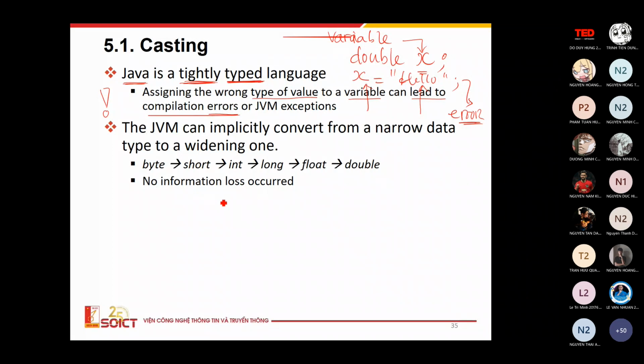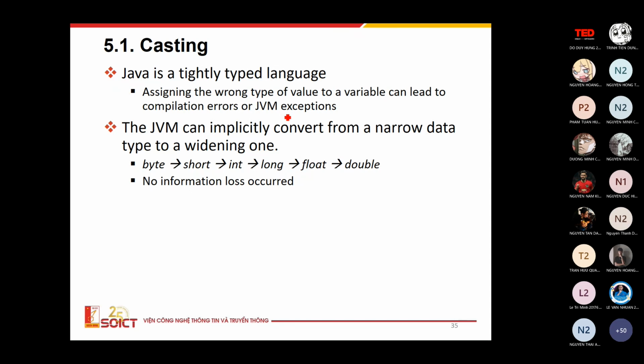Okay, but normally when you have, for example, the numeric value, sometimes you have to assign this value to different kind of data type. So in Java, they allowed you to convert from a narrow data type to a widening one. What does it mean? Okay, you can convert from a narrow data type to a widening one.